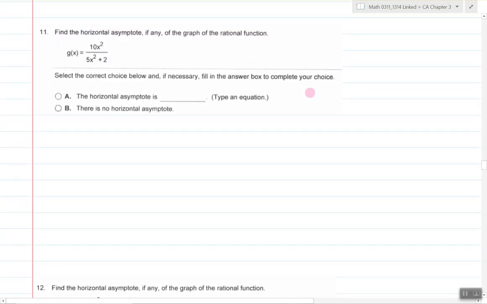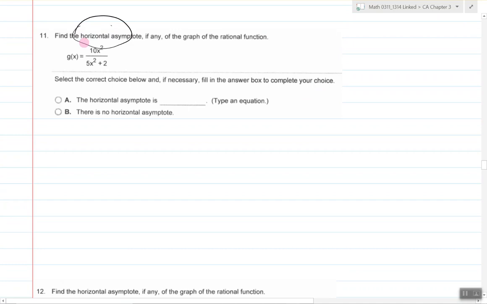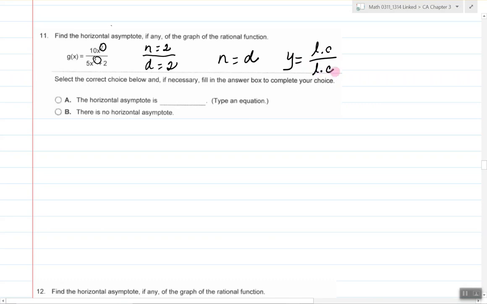All right, the next one, find the horizontal asymptote. Let's look at the degree of the numerator. n is 2, n for numerator. The degree of the denominator, d, is 2. When n equals d, I'm supposed to have the line y equals leading coefficient over leading coefficient.